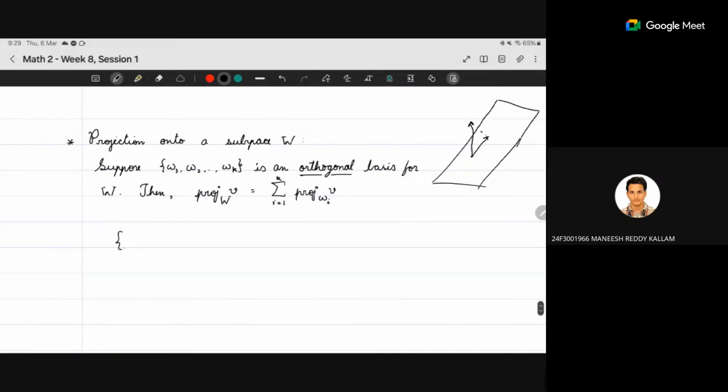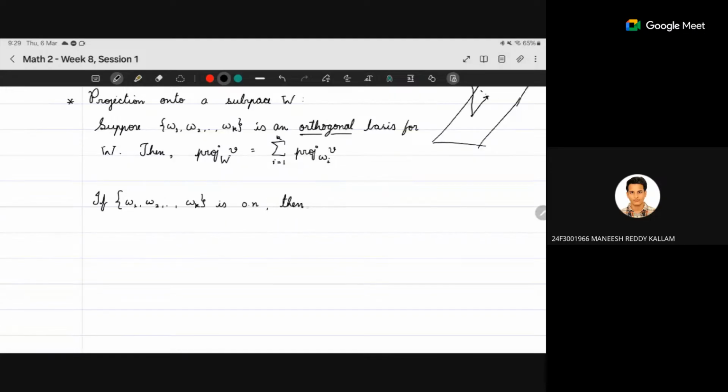Now, a special case is if the basis is orthonormal. Then what happens? Well, the formula doesn't change because orthonormal sets are orthogonal, so I'll use the same formula: the sum of the projection of V onto Wi. But let's see what happens to the projection of V onto Wi.